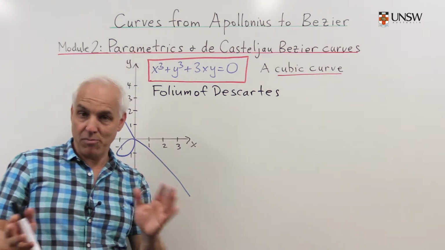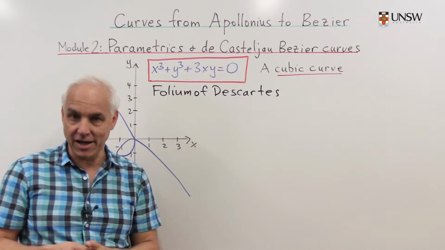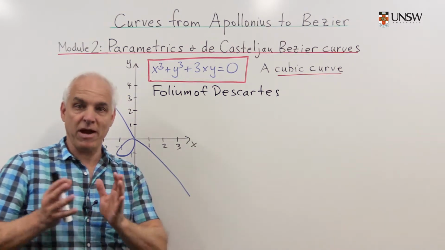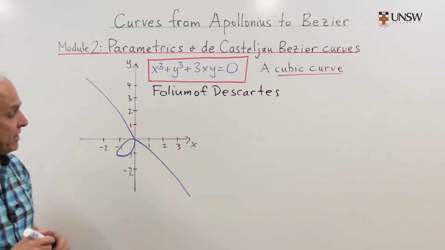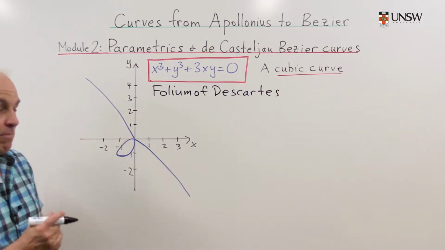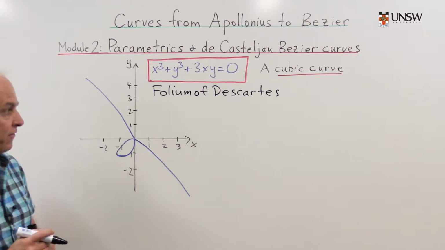And it's going to play an important role in the story today, the idea of going to a parametric view of a curve. In this particular case, there is also a parametric formula for this curve.